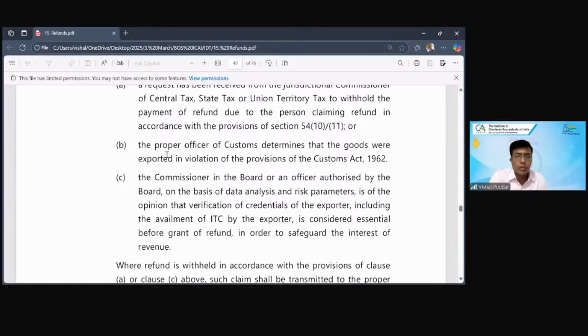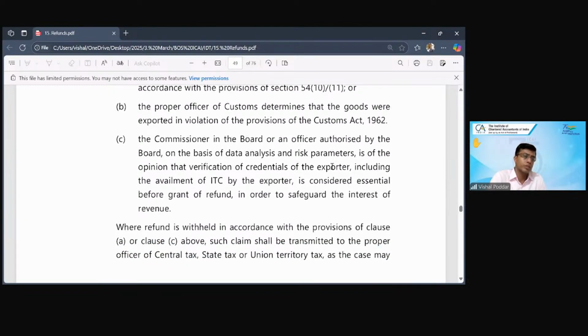Or, the proper officer of customs determines that the goods were exported in violation of the provisions of customs. Second, where refund will be disallowed is where your customs officer proves or claims that you exported, but the export was in violation of the customs law. So again, it means you are not eligible for refund.